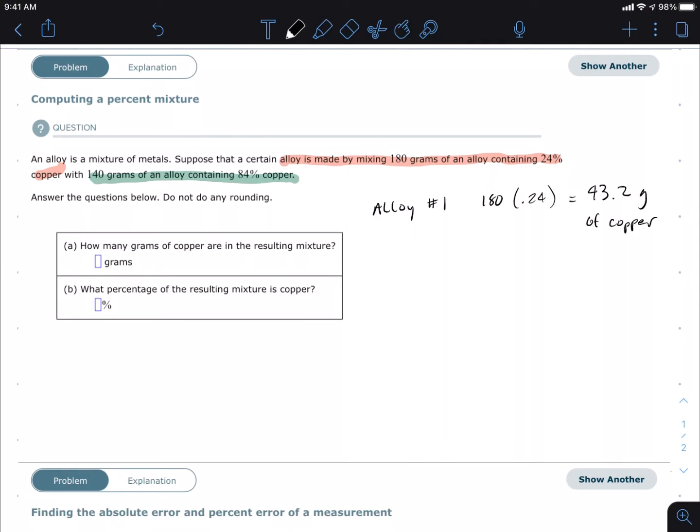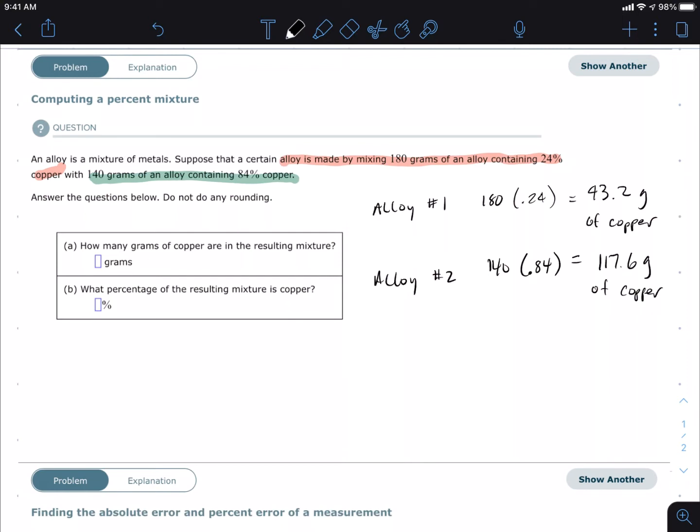Alloy number 2 has 140 grams, but its percentage is 84%. And so I'm going to go 140 times 84%, right? So 140 times 0.84 gives me 117.6 grams of copper.